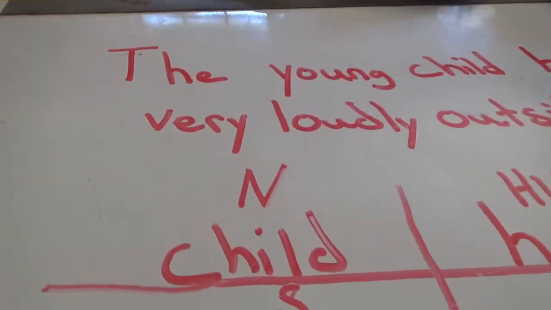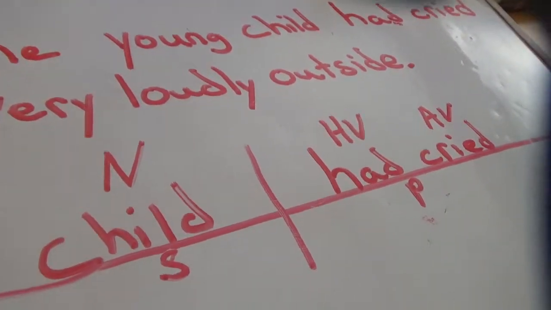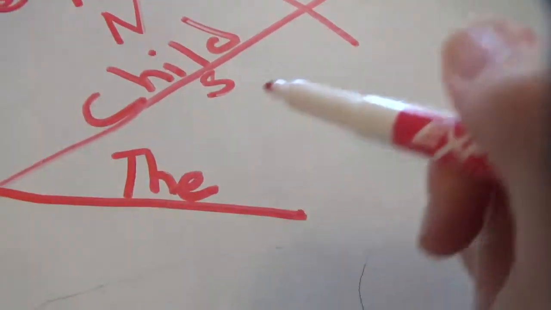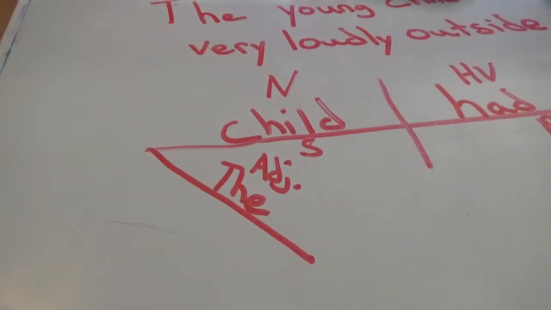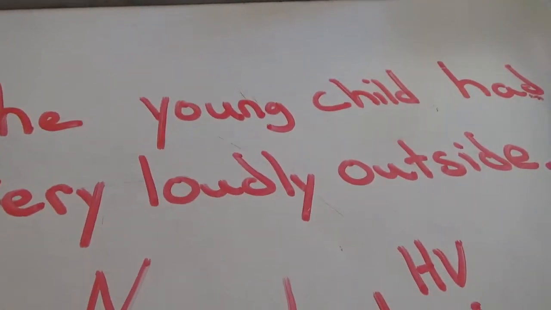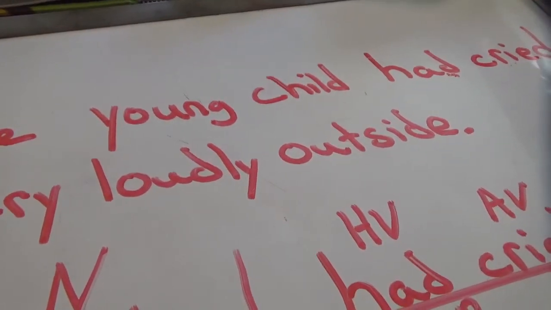Let's see here. So we have the child. The, an, and the are always adjectives. They're called the article adjectives. They are always adjectives. A, an, and the. So the child. Young. Now let's look at young. And if you're thinking, I think that's an adjective, don't just assume and put it on the adjective line. Ask yourself which question it answers.